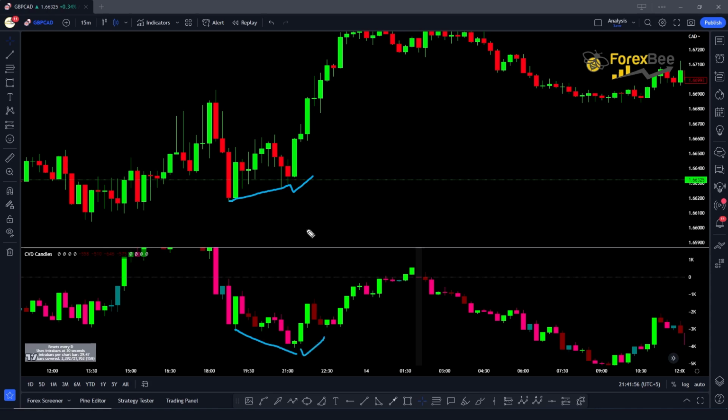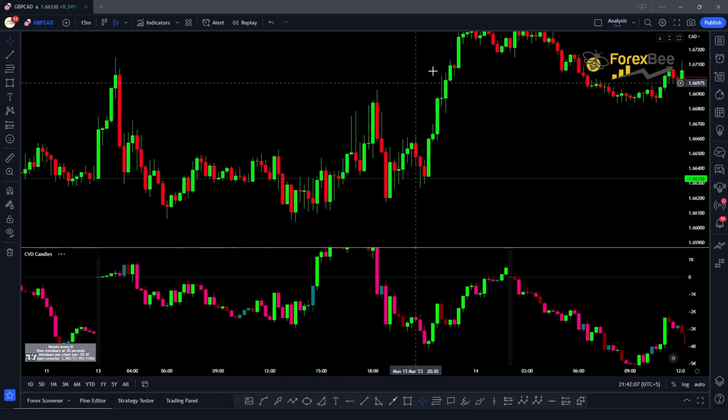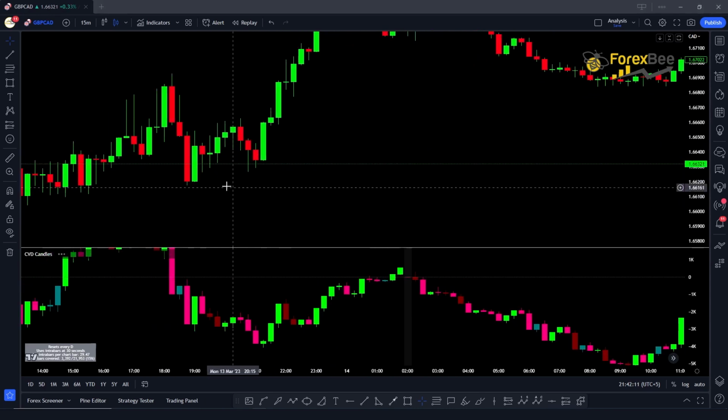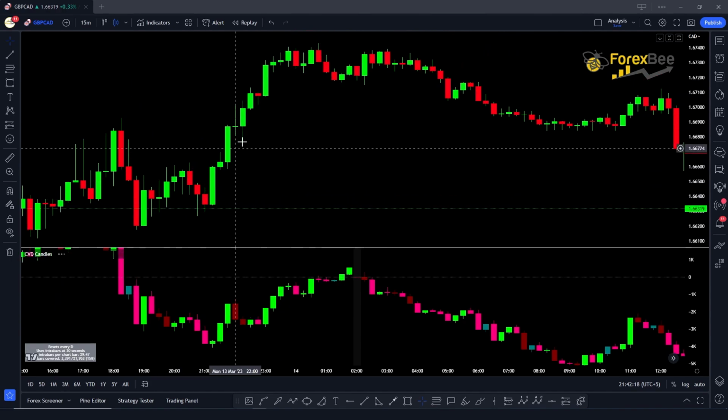Because of this divergence, the market is moving in the bullish direction. If we look at the overall trend in the market, it's going from here to here. So it's a continuation trend indication that we are able to detect with the hidden bullish cumulative volume delta divergence, and because of that you can see the market moved in the bullish direction.